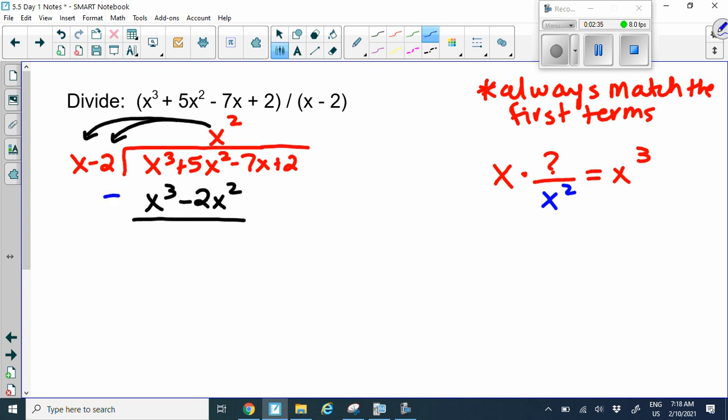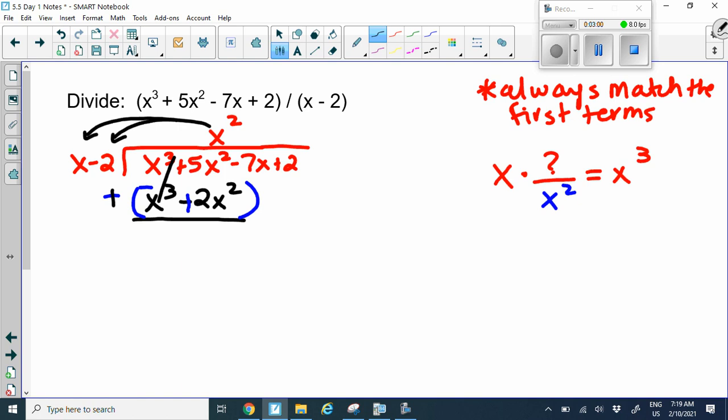Now this is why we had to learn how to subtract polynomials. Now be careful, when we are doing this, you need to distribute that subtraction sign. So I'm going to change this into a plus, and then everything changes its sign. So the x cubed becomes negative, and the 2x squared becomes positive. Now notice what happens. My x cubes, they cancel out.